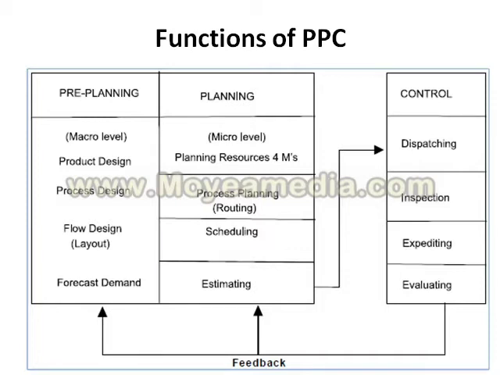So all those things. And later on, after completing your planning area, you will go to the control, how you can actually control the process done in the industry, and how you can complete all the works on time.